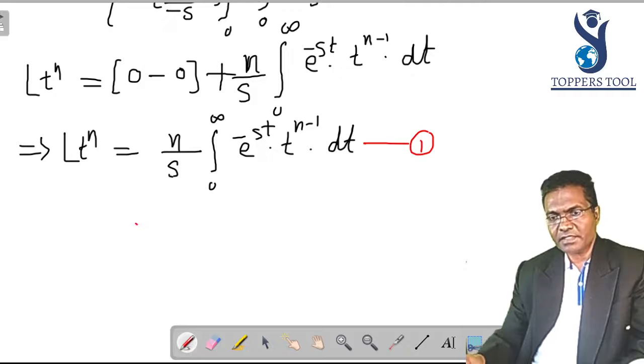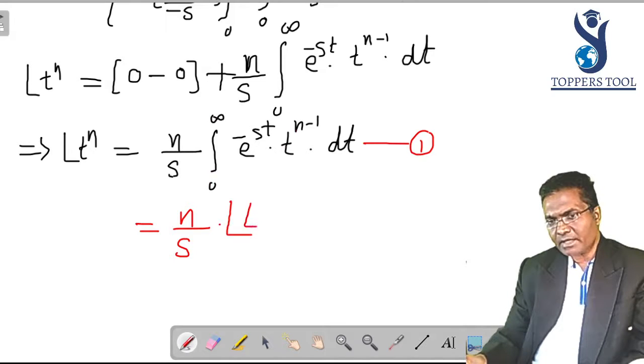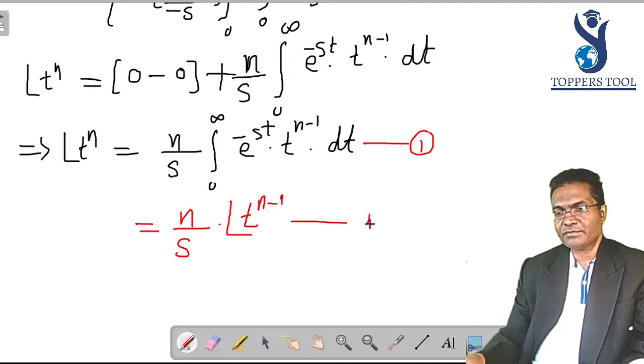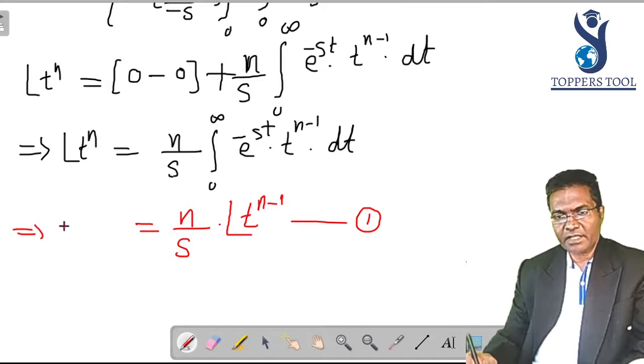This is n by s, and according to the definition of Laplace transform, this resembles the Laplace transform of t power n minus 1. So this is your L of t power n.